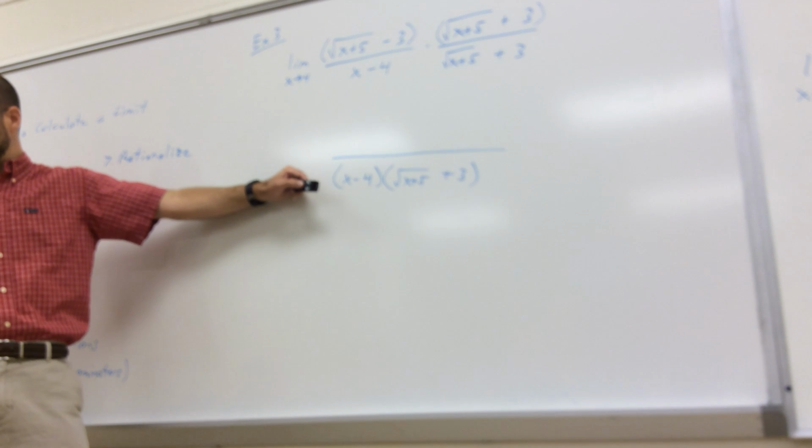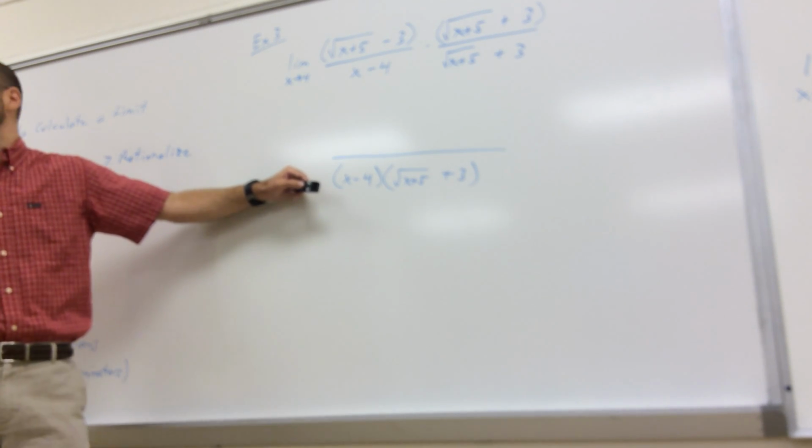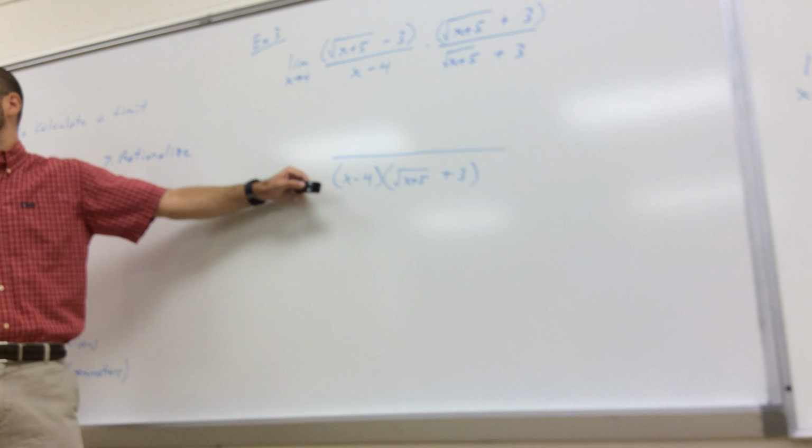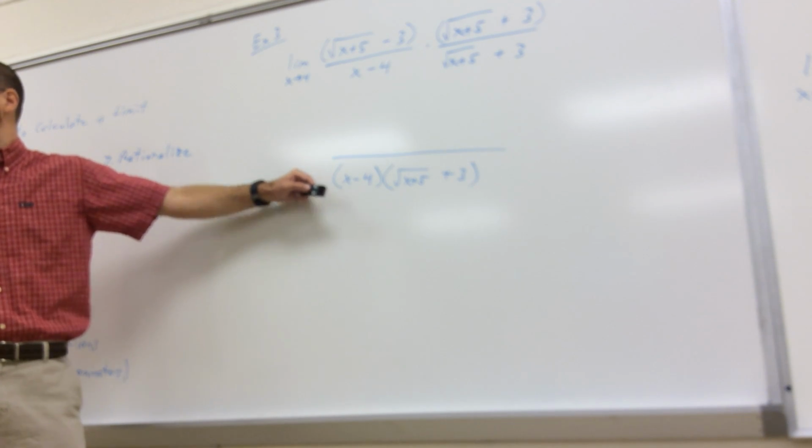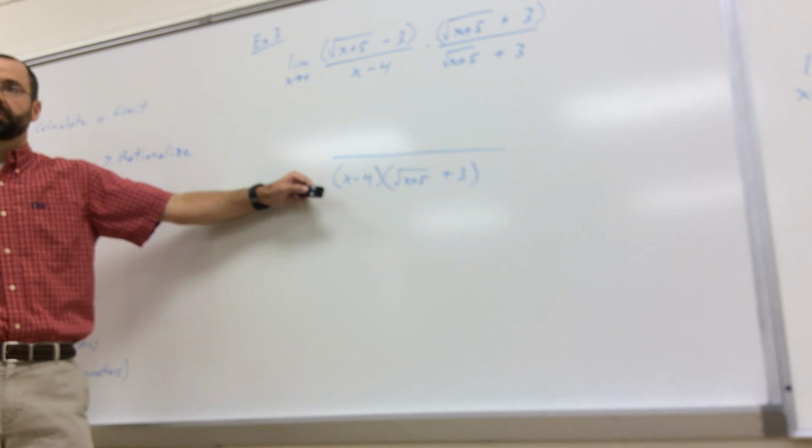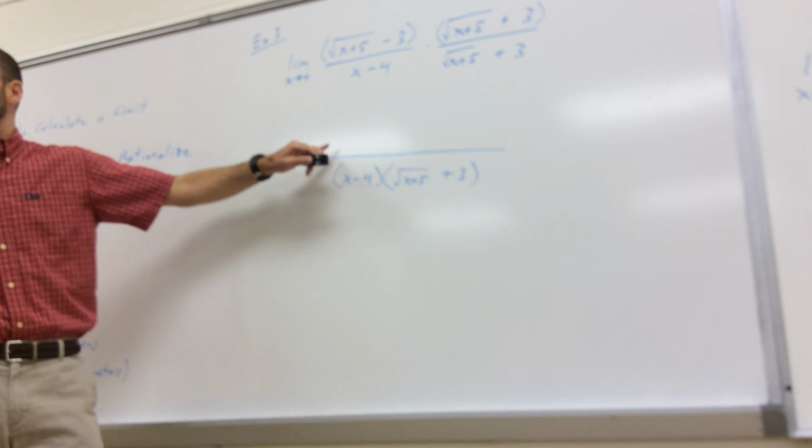So I'm taking the x minus 4 and multiplying it by that whole big mess. And I'm not going to actually FOIL that part of it out, just leaving the bottom alone. But I am going to FOIL out the top part.